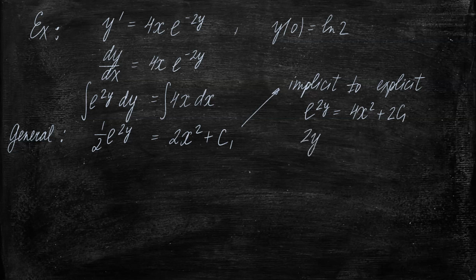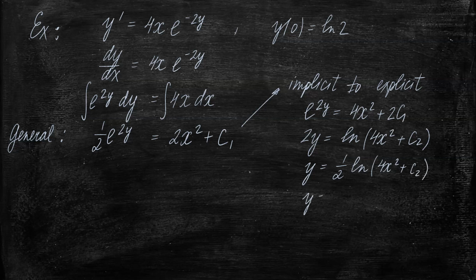So 2y is equal to ln of 4x squared plus c2, and then we are going to divide this by 2. And we can move that 1/2 inside of the logarithm as a radical. And since c2 is our last constant, we can make it our c.